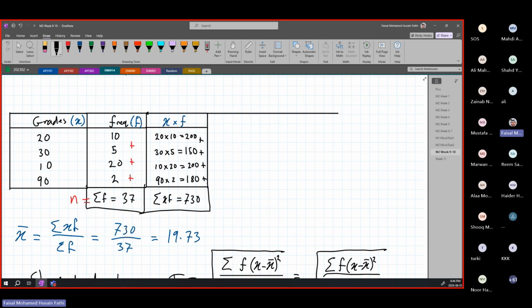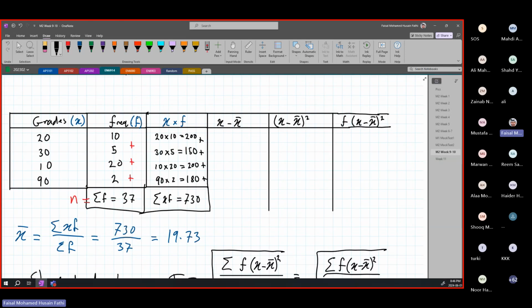So now we are going to have x minus x bar, and then we're going to have x minus x bar squared. And then we're going to have one more column, I should say, for f times x minus x bar squared. All right?